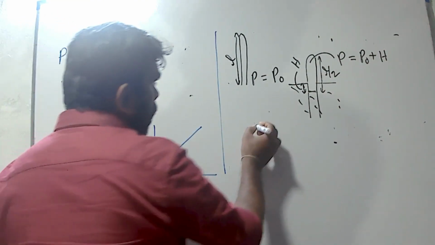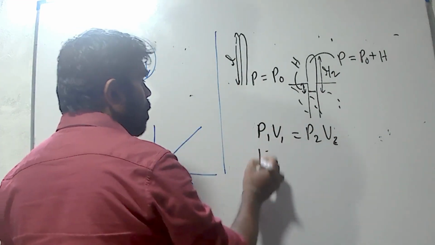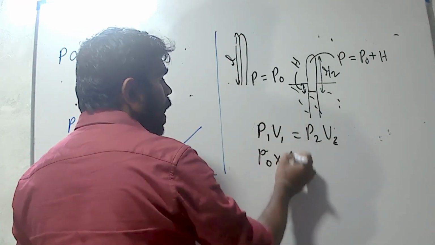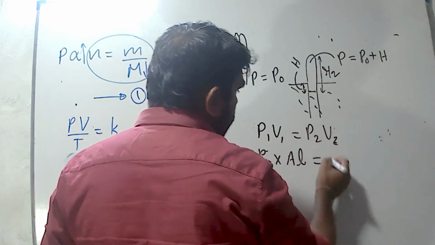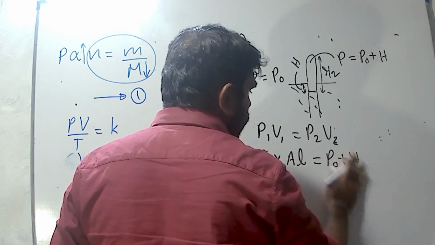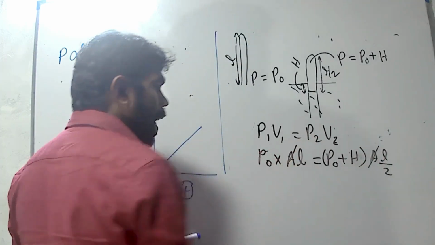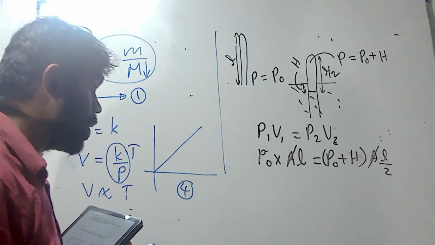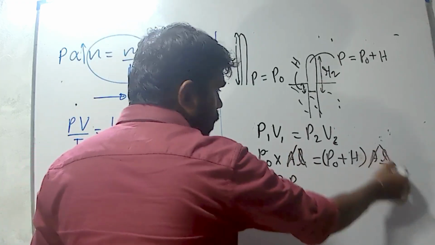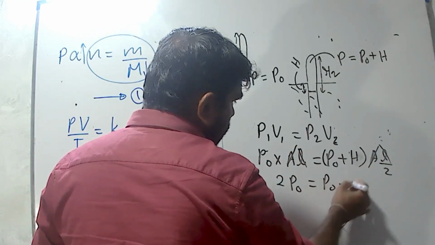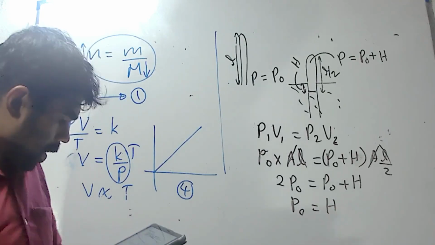Then we can use PV equals constant, P1 V1 equals P2 V2. Initial pressure, atmospheric pressure, times volume, cross-sectional area into initial length L, should equal the final pressure P0 plus H, times volume A L over 2. We can cancel out A. Then we have to find P0. 2 P0, with L cancelling, equals P0 plus H. Now P0 equals H. Then the answer is 2.